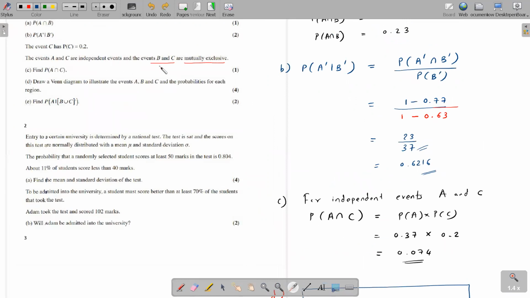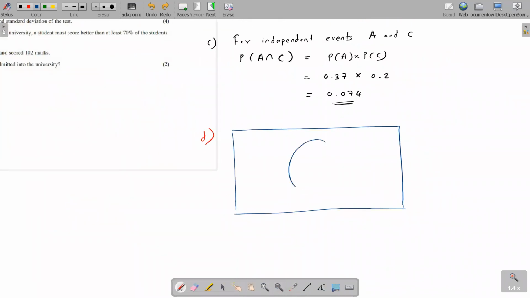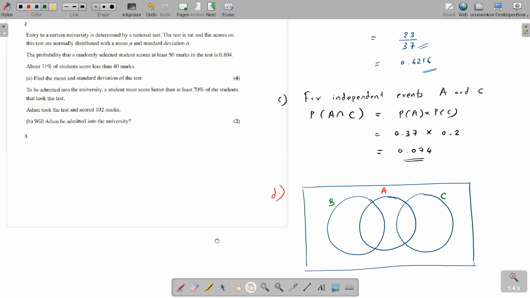Circle A intersects B and intersects C. So keep circle A in the middle, and circles B and C on the two corners, because B and C don't meet. Understood? So name them circle A, circle B, circle C.